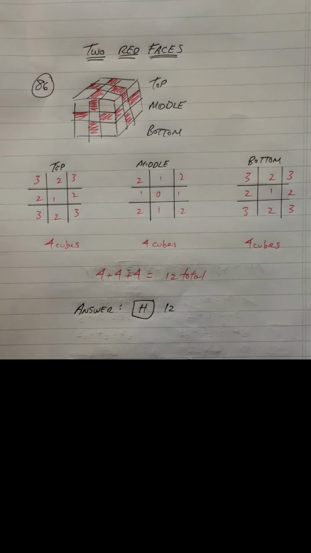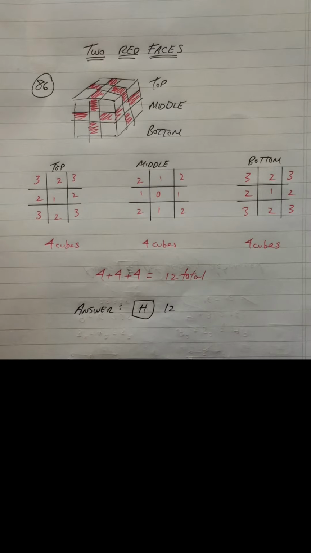If I make a layer array for the top, middle, and bottom layers of 9 cubes each, you can see that in the top layer, each corner cube has 3 painted faces. Each middle cube has 1 painted face. And each edge cube has 2 painted faces.